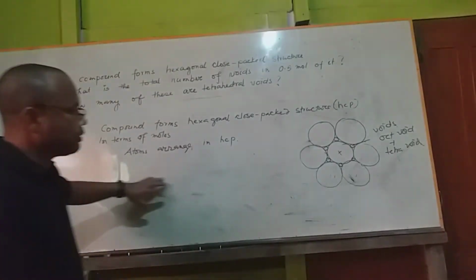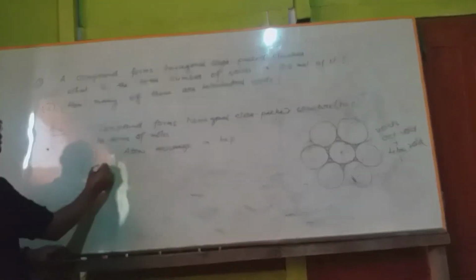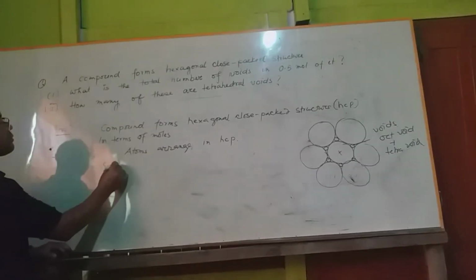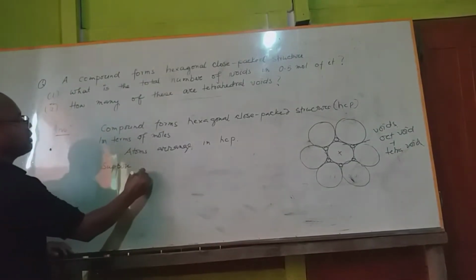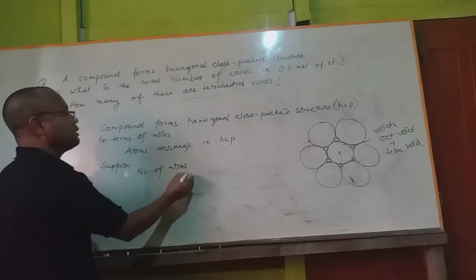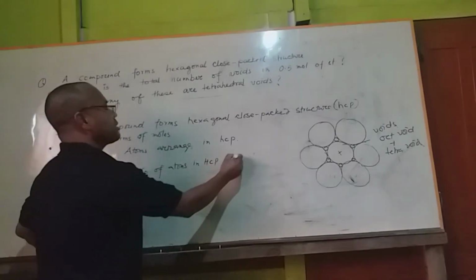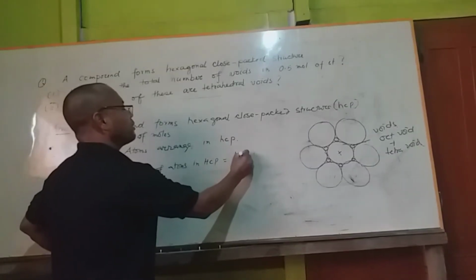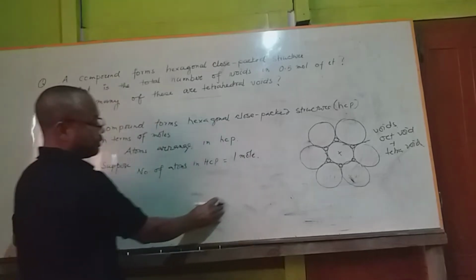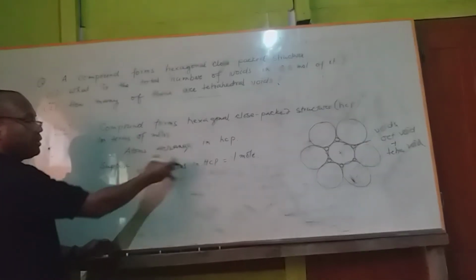Now let us think in terms of moles. Let us suppose the number of atoms in this HCP is 1 mole. So in 1 mole of atoms, how many atoms are there?